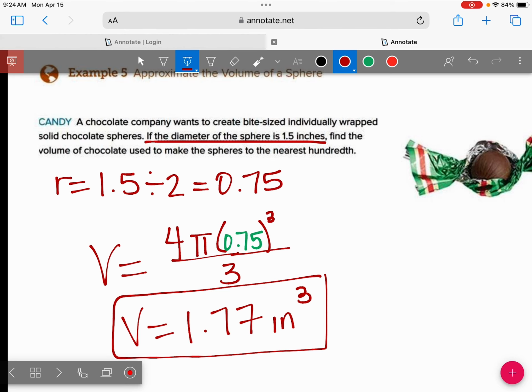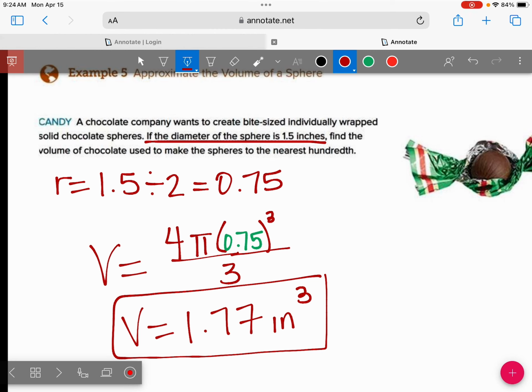Then you want to hit this button for the power of 3, and then go down to your denominator, hit 3. And now you're done. Hit enter.